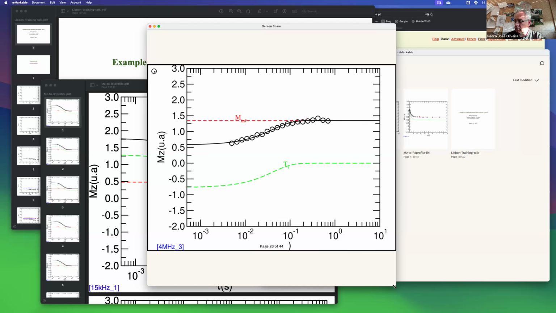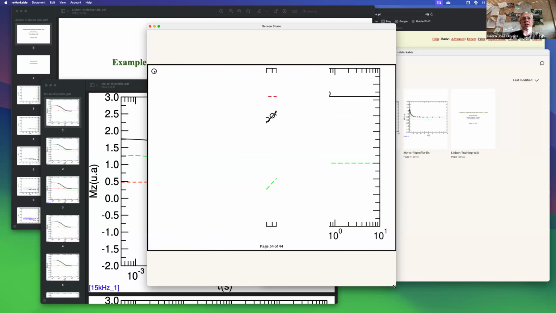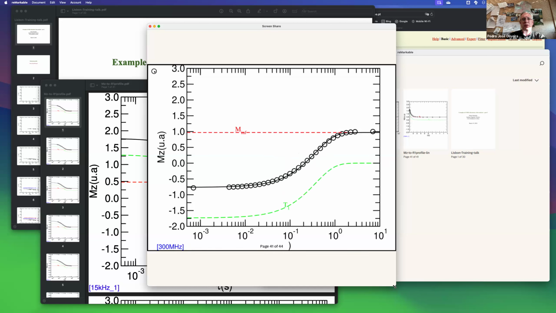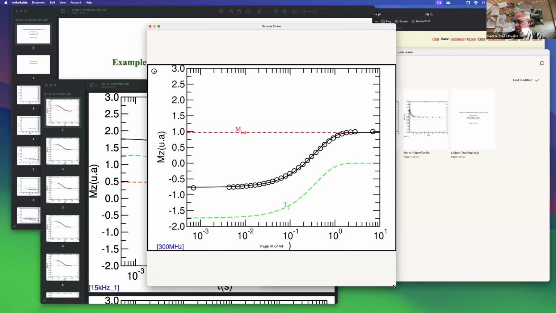So I'm getting to higher and higher frequencies, and I think in this case, this profile was obtained for frequencies up to 300 megahertz.